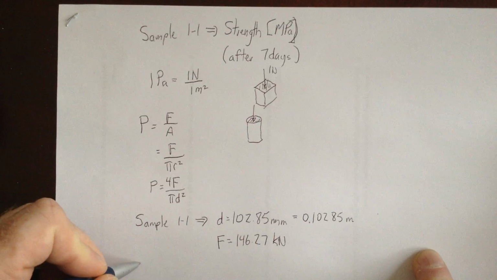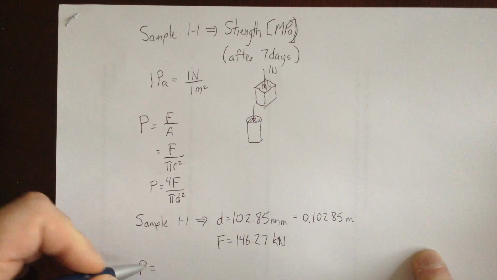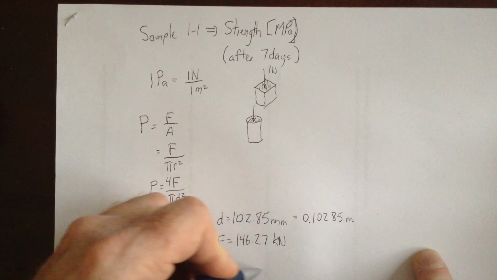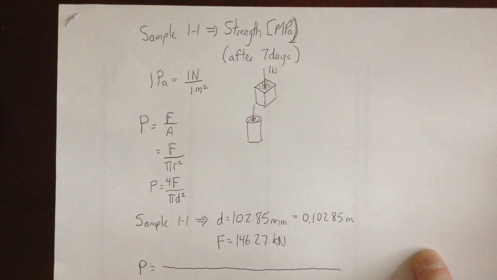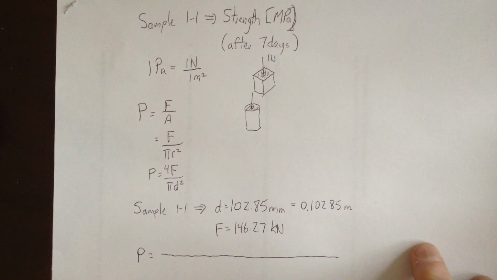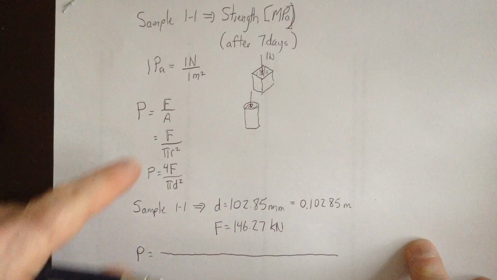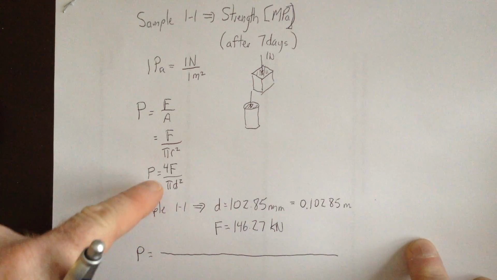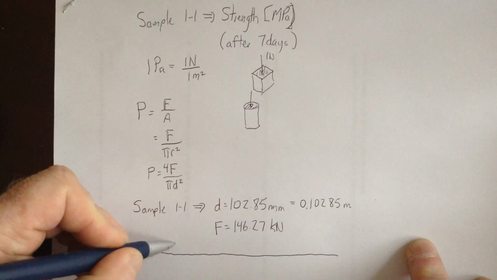And now I can go to my formula, and I'm going to put in my force first on the top. Actually, I can put the 4 first, so I don't forget it.